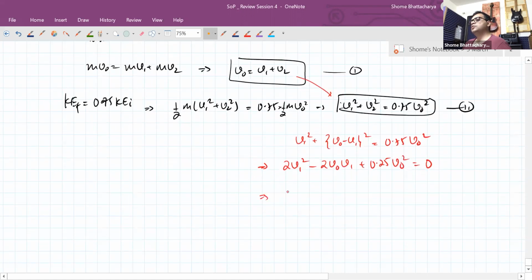From this, we get the possible values of V1, and as you can see, they are like this. So V1 being this, we'll take the smaller value to be V1.